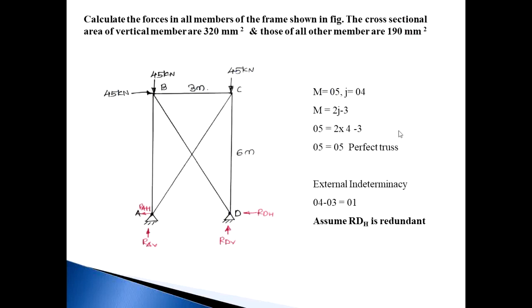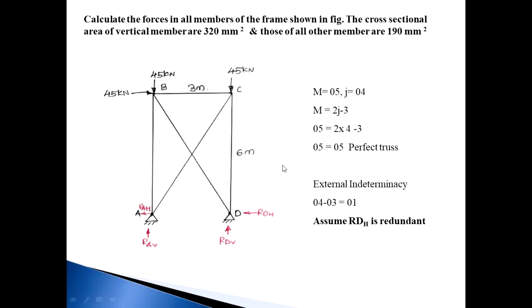So let us see one problem. In the last lecture we solved a problem where the truss was internally indeterminate, meaning the equation m is equal to 2j minus 3 was not satisfied, so that truss was imperfect. Now in this problem the truss is perfect but the indeterminacy is external.